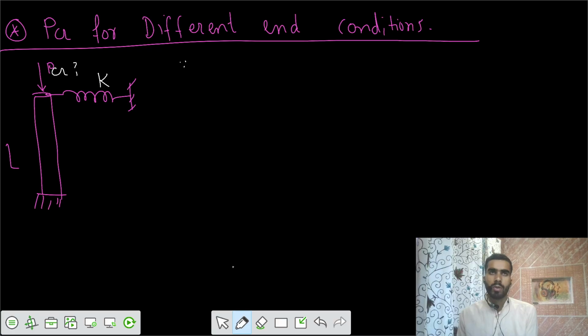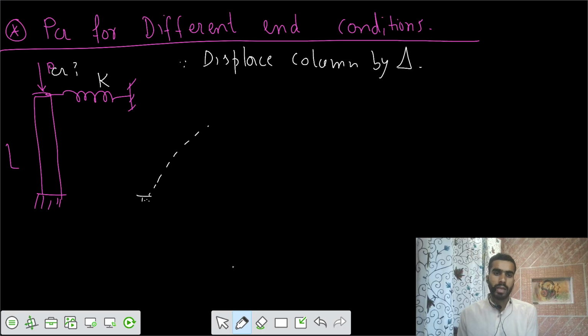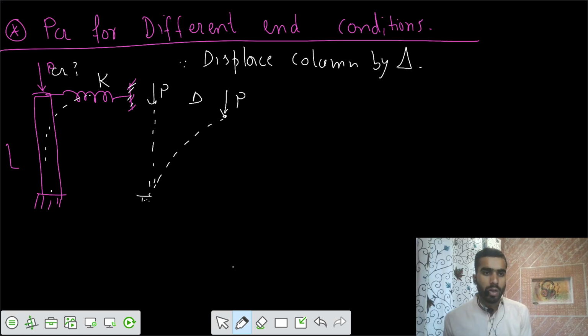Because of that load, there would be development of buckling. So let's say you displace the column by delta at the top, such that load P is reached. But since the spring is fixed on this side, if the column goes delta on this side, there is a possibility of compression in the spring.